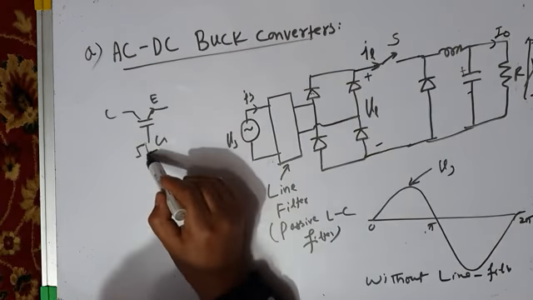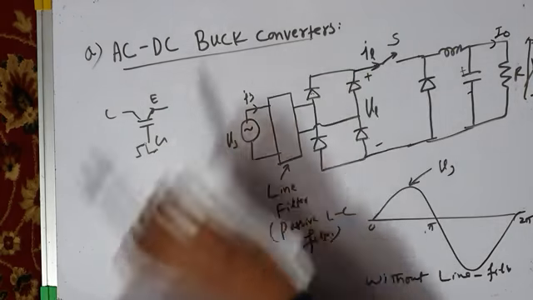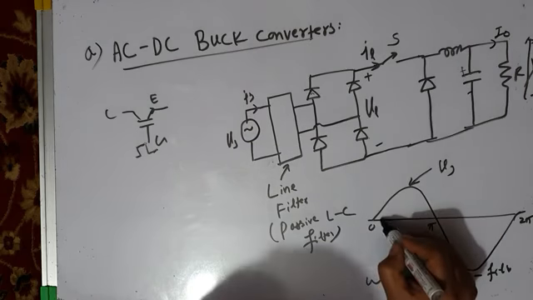And when control pulse at the gate terminal of IGBT is low, ये switch off हो जाता है, no current comes from source. So therefore आपकी source current इस तरह आएगी.